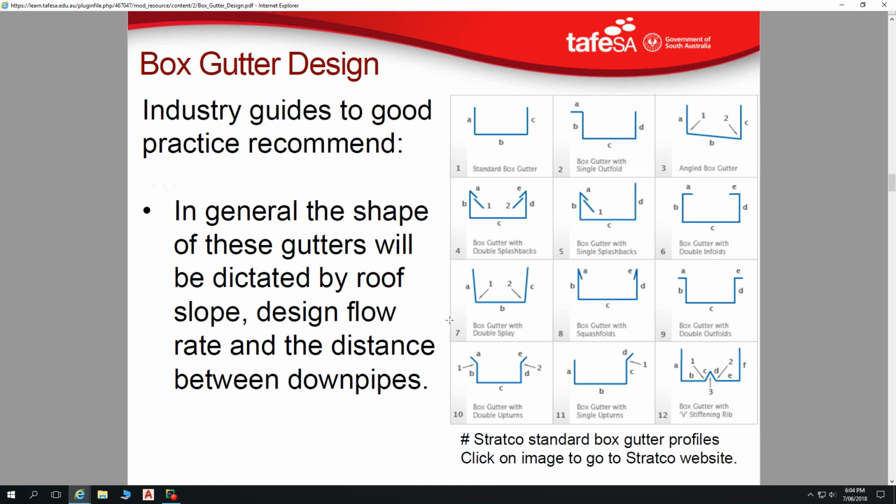One thing, and it's in the notes on Moodle, or on one of the links, is that you're not allowed to do V gutters anymore. What a V gutter is, it's like a box gutter, except it goes down in a V like that, where it's tighter than 45 degrees.